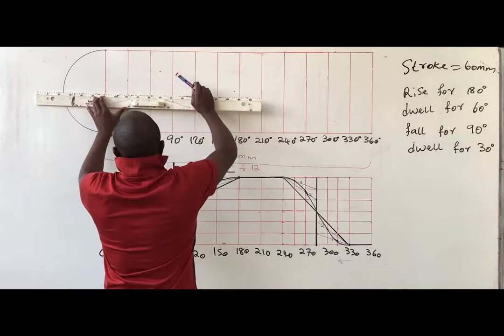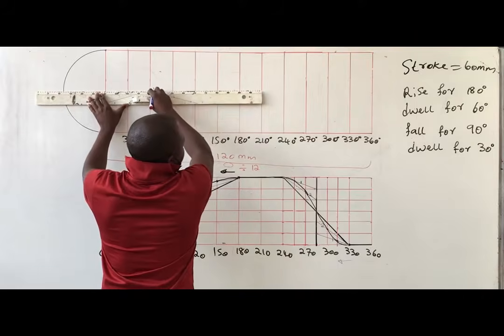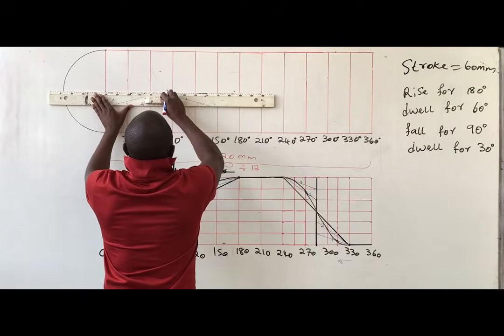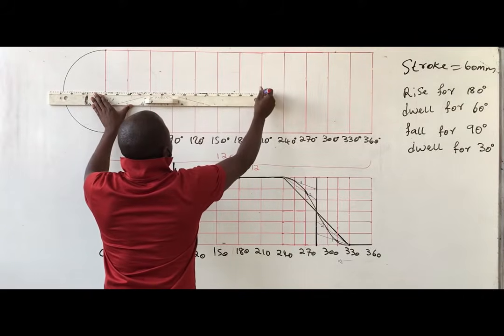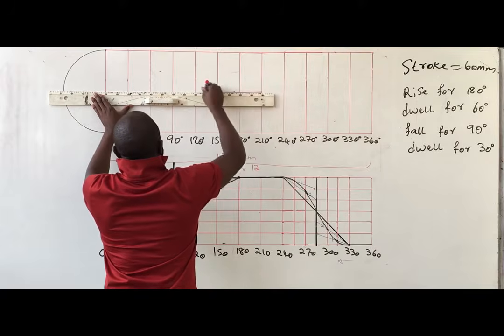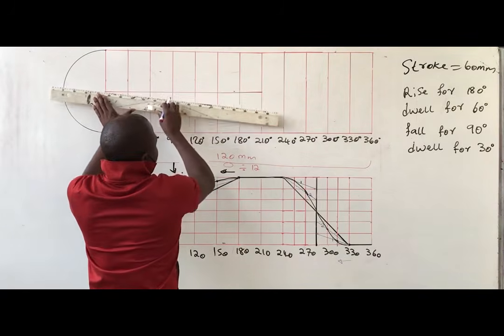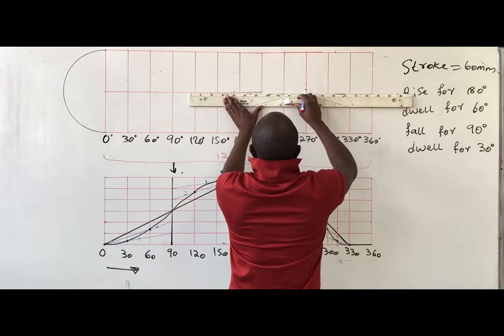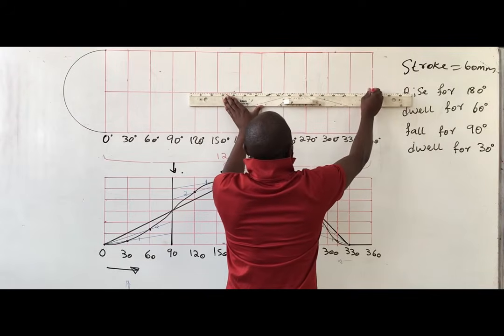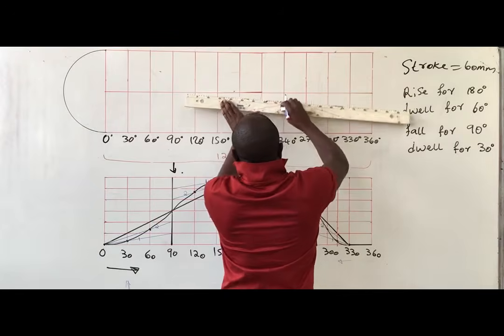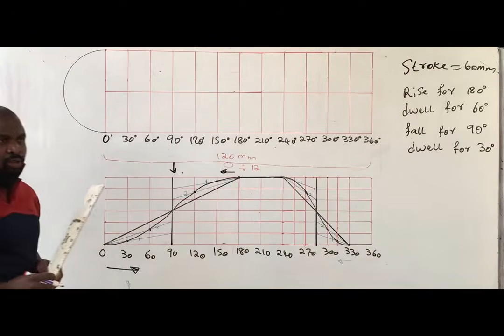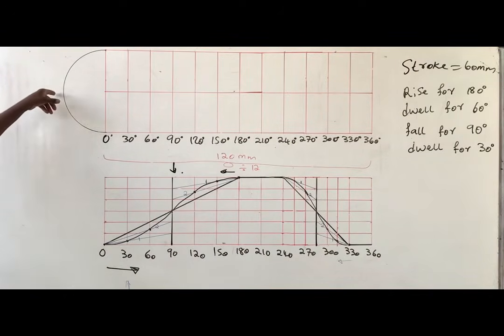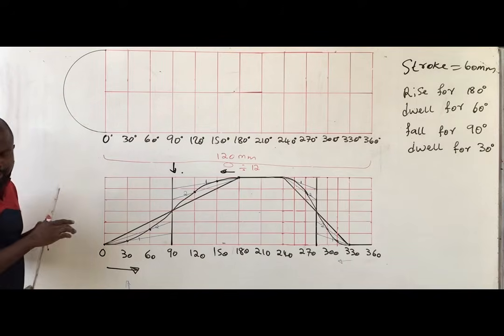After dividing by 2, this one becomes your radius.